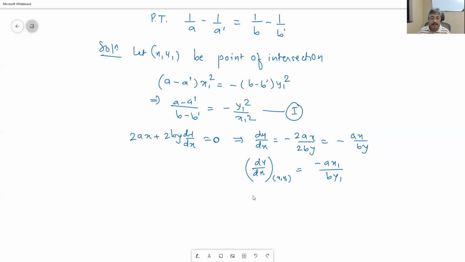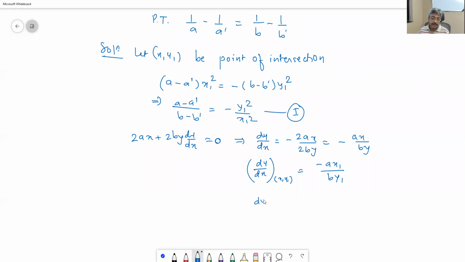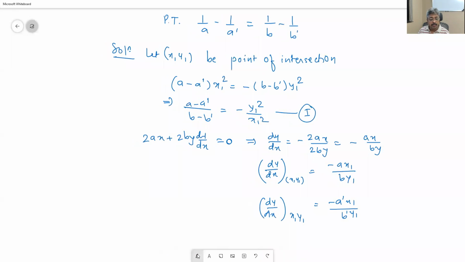Similarly, we will have dy by dx on the other curve at x1, y1, it will be minus a dash x1 upon b dash y1. Is that right? So these two slopes, product of them is equal to -1.